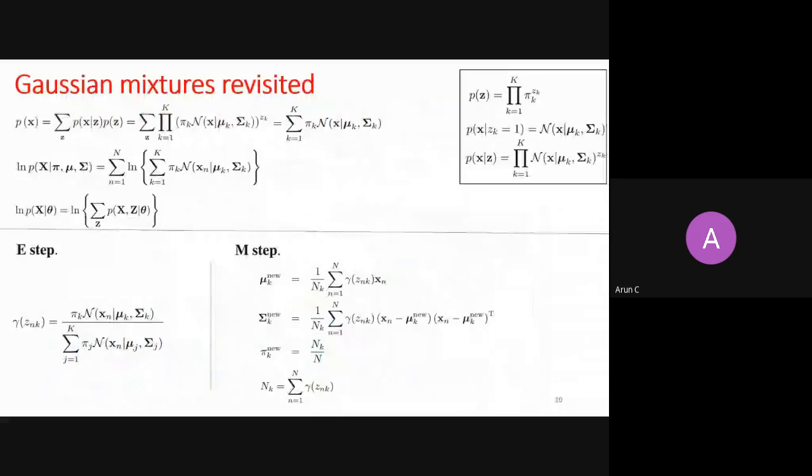Okay, so now, though I have already told you these things, this was my Gaussian mixture model. I told you that in the expectation step, this is my posterior, which I am calculating here, right?